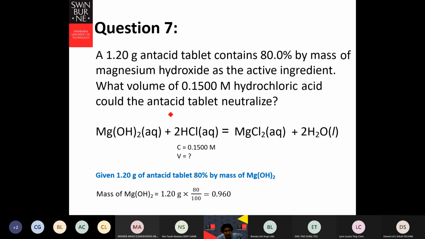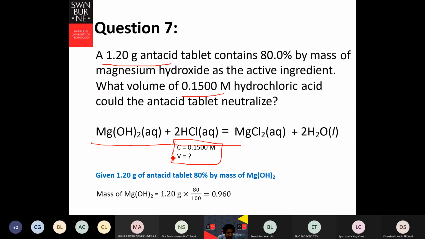So this can neutralize the hydrochloric acid, and the information given is that it is 0.15 molar hydrochloric acid. How much hydrochloric acid should we add to neutralize this 1.2 gram antacid tablet, which contains 80%?